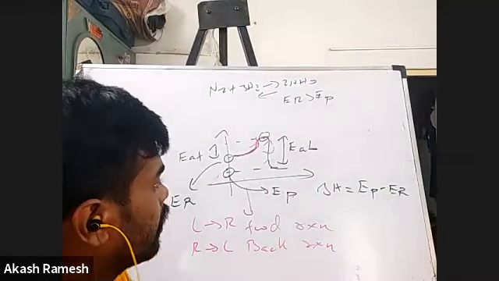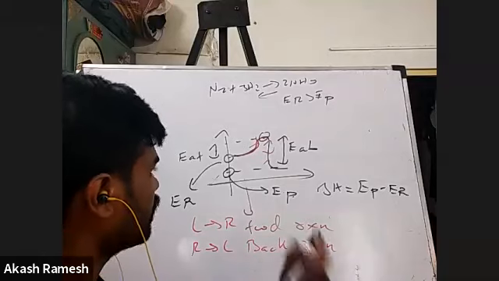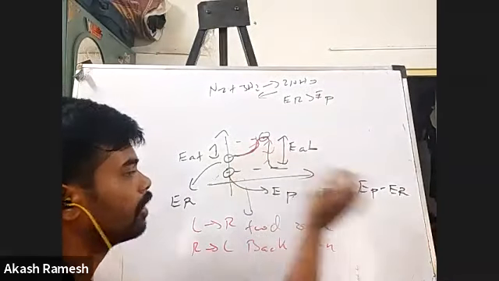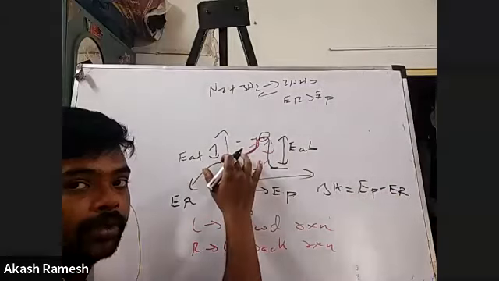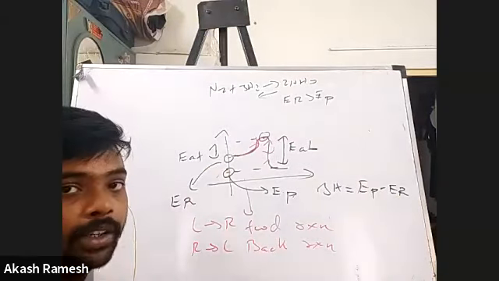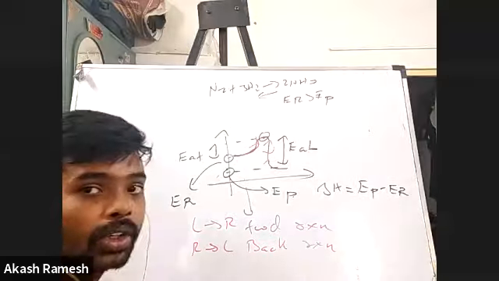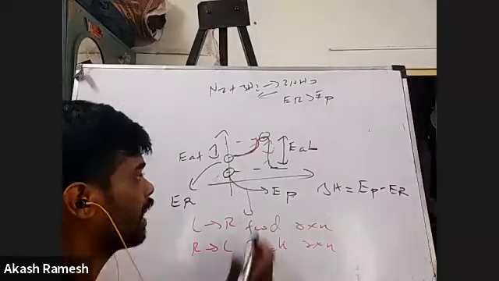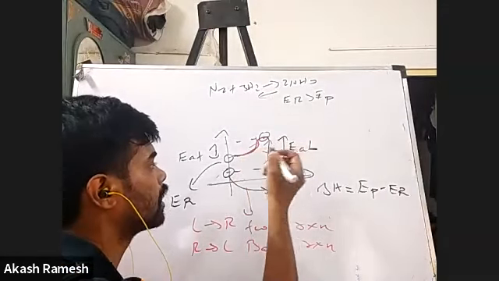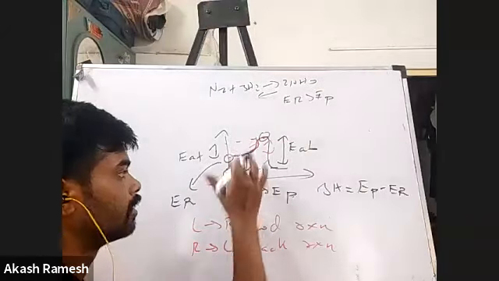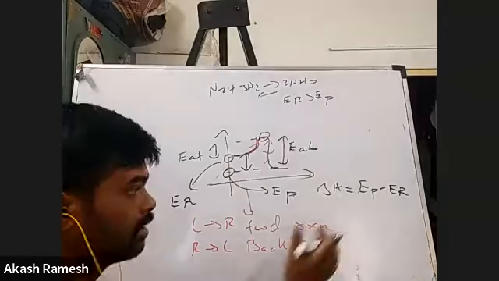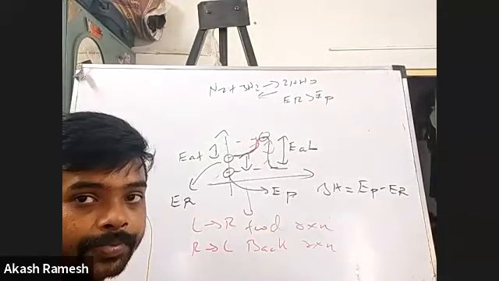Okay, fine. Now next, if I look at the same thing, this EP minus ER, where do you think it is going to come? This is the EP value and this is the ER value, right? So if I subtract them, can I say this particular length is what is my delta H, right?